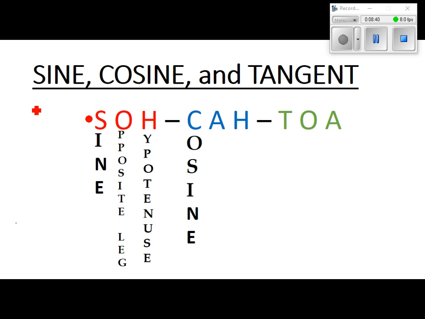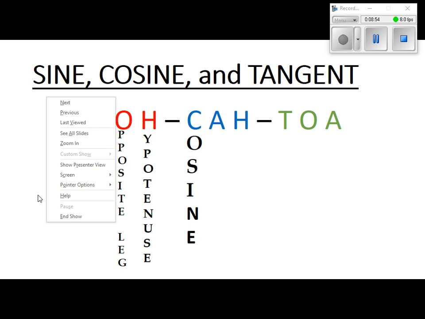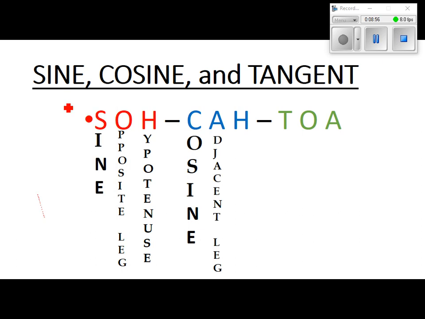The three trig ratios we're going to deal with are sine, cosine, and tangent. There are others, but we're not going to deal with them in here. Anybody have a guess what the A stands for? Adjacent. Adjacent leg. Anybody have a guess what the H stands for?